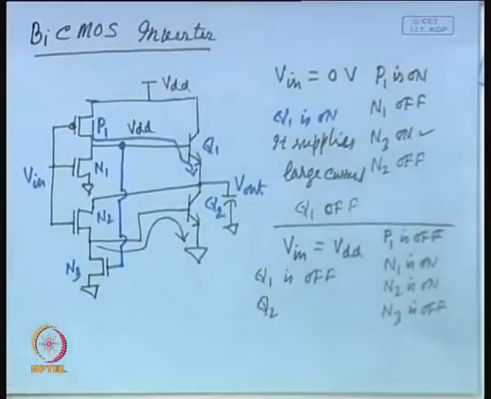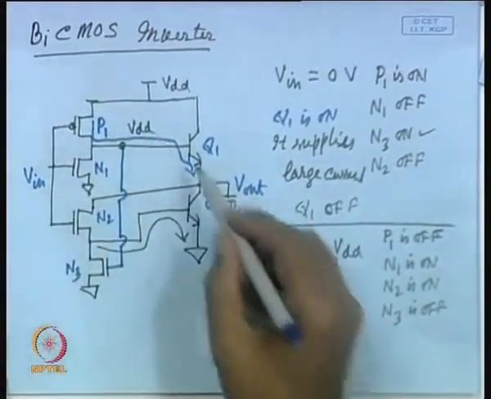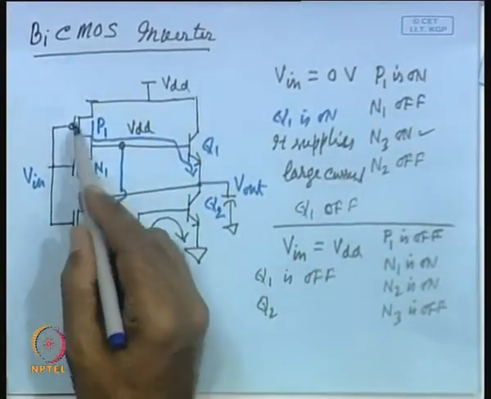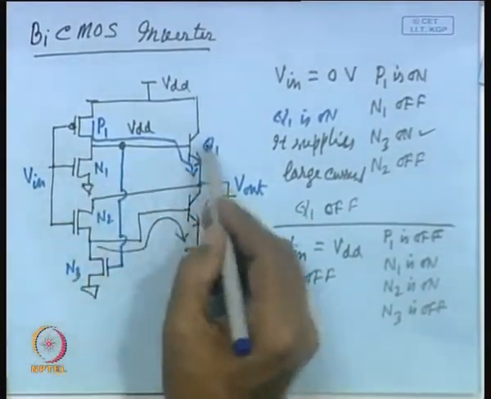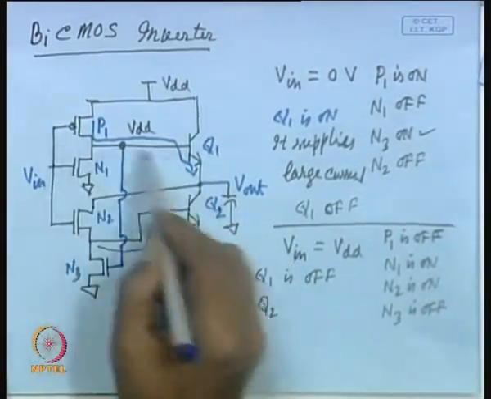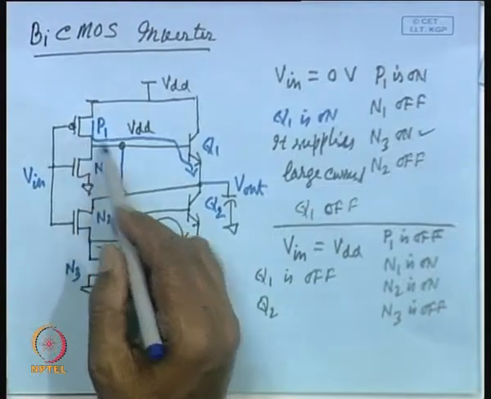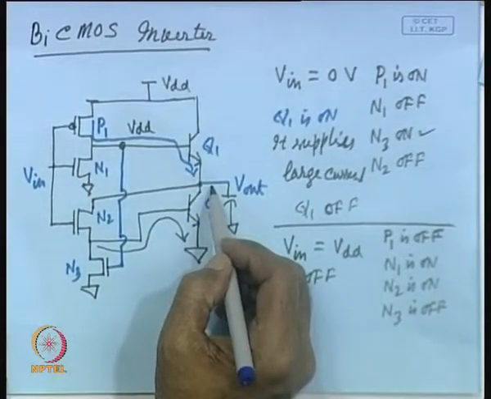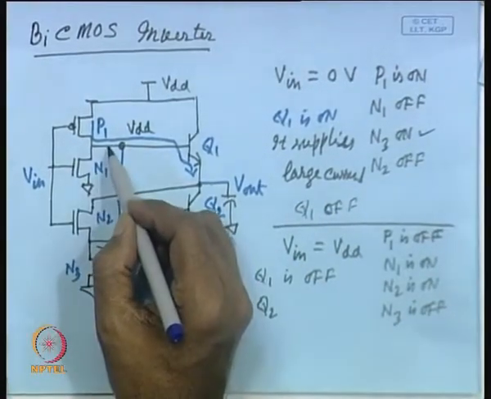The reason is that the BiCMOS inverter is a little complex. This particular inverter is driving this transistor. So, the path delay will be a little larger whenever the load is small, compared to taking the output from here.